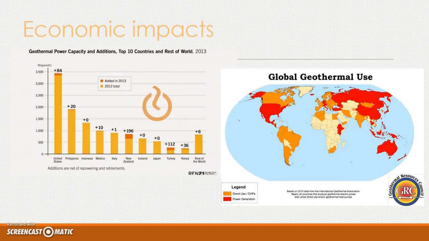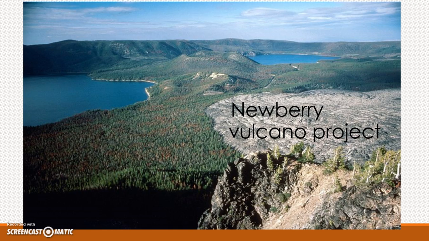Geothermal energy is locally produced, reducing foreign oil imports and boosting rural economies. Geothermal power project development will involve hundreds of individuals, employing local people full-time as well as stimulating induced jobs.